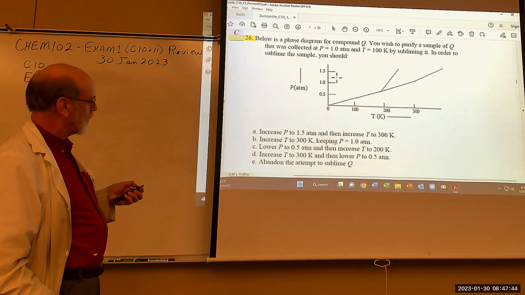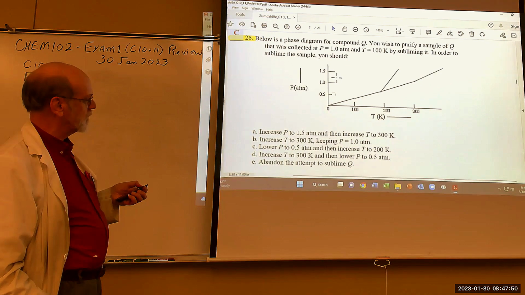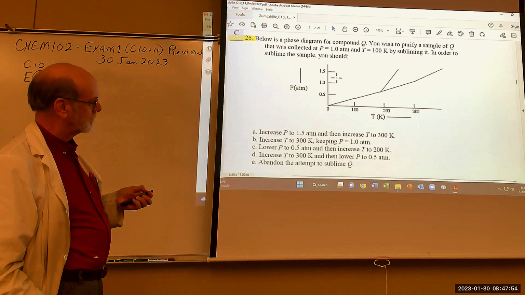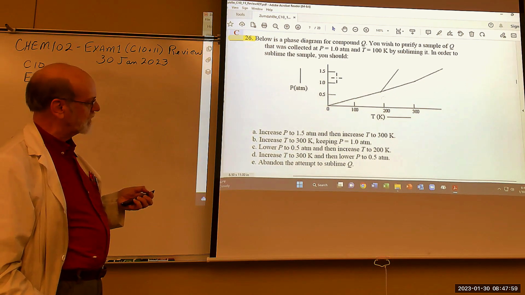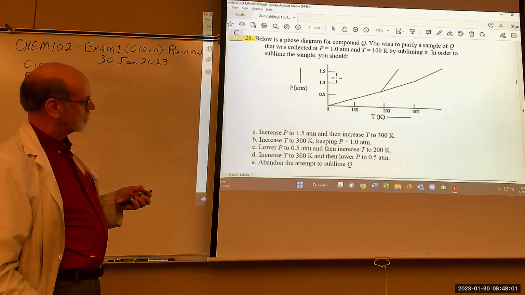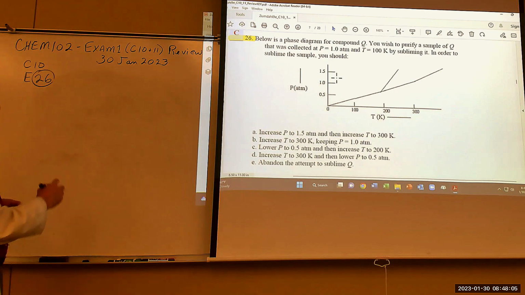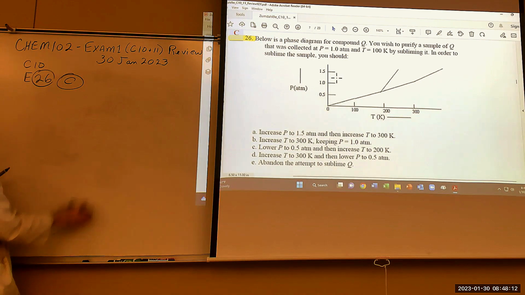All right, lower pressure to 0.5, and then increase temperature to 200. Now we're going from solid to gas. There you go. That transition goes from solid to gas. It's subliming under those conditions. So C's the answer. That makes sense? Okay.